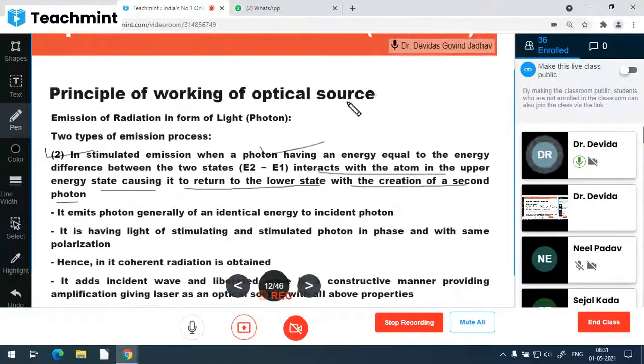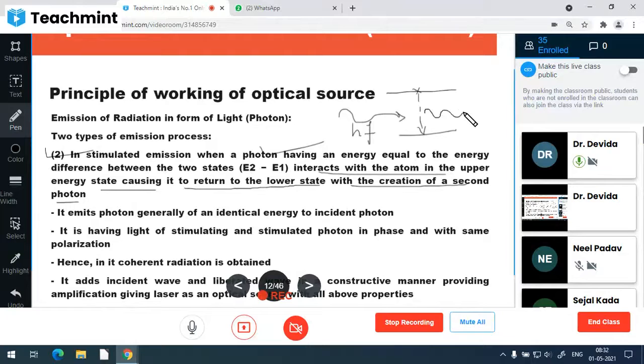So if one photon with energy equal to the band gap energy interacts with an atom already in the higher energy state, that photon makes the atom return to the lower energy state by emission of one more photon.